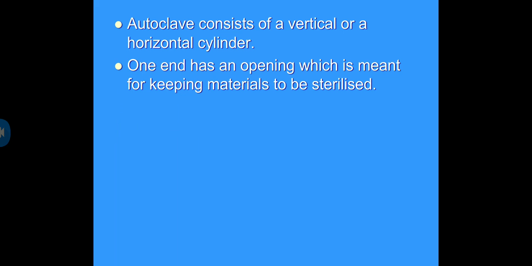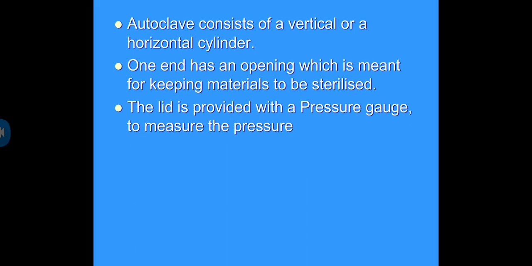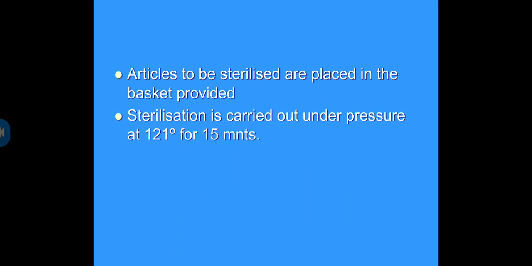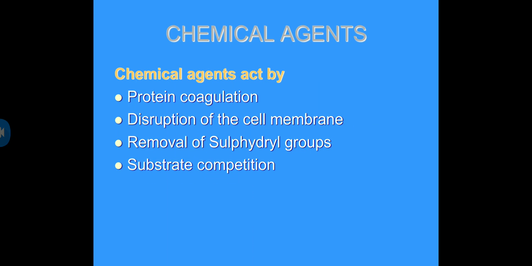One end has an opening meant for keeping materials to be sterilized, and the lid is provided with a pressure gauge to measure the pressure. A safety valve is present to permit the escape of steam from the chamber. Articles to be sterilized are placed in the basket provided. Sterilization is carried out under pressure at 121 degrees Celsius for 15 minutes.